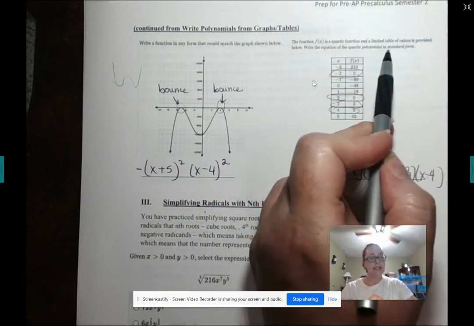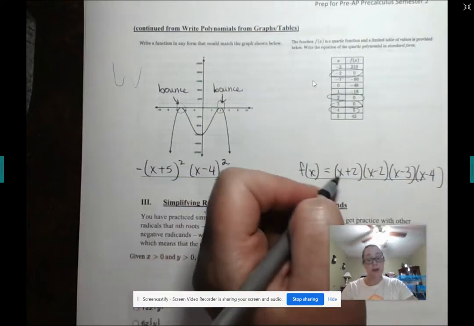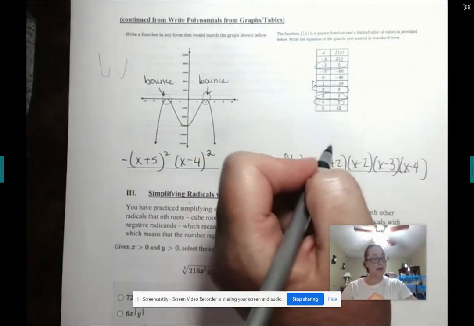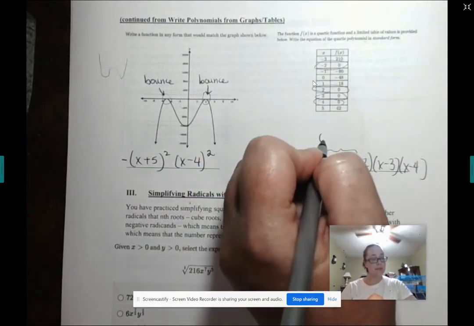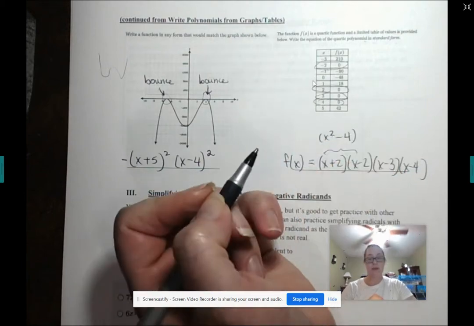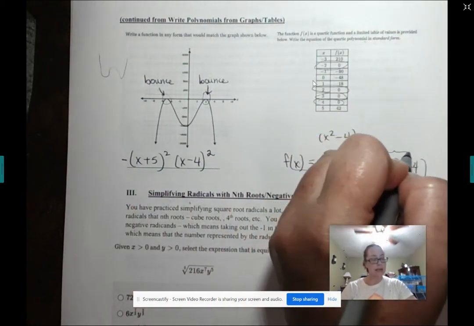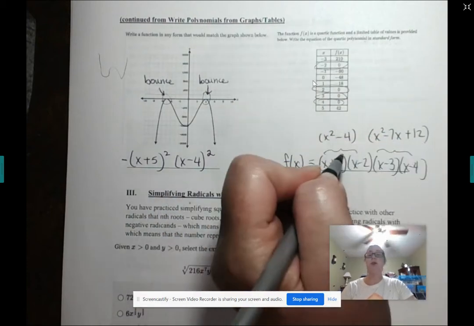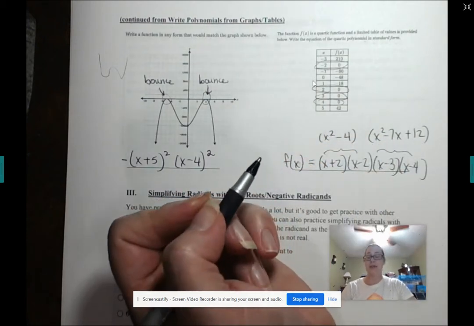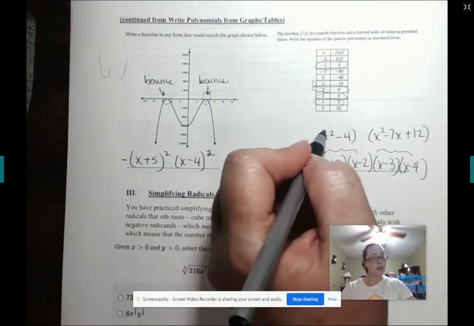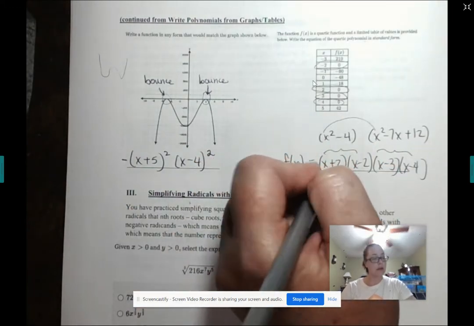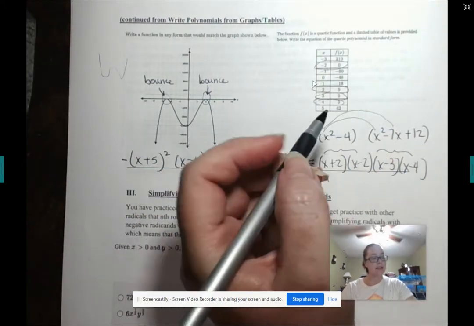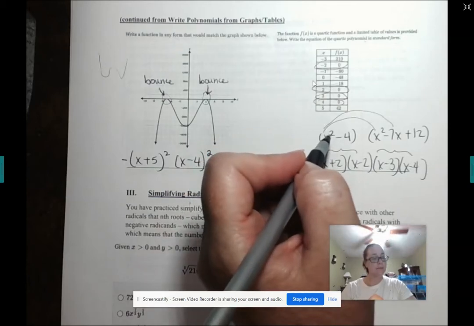Now it does say write this in standard form, so it actually wants me to multiply these together. I would multiply these together, which they actually are a difference of squares. When you multiply these together, and I'm just doing this fast in my head, and then you need to multiply these together to get something that has an x to the 4th power. So x to the 4th, this is a -7x cubed.